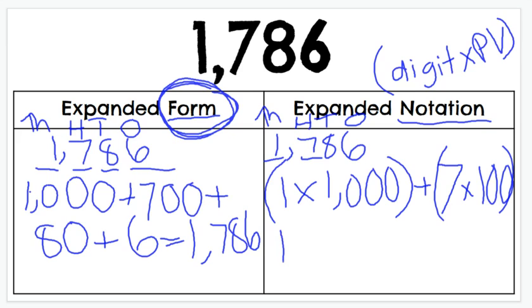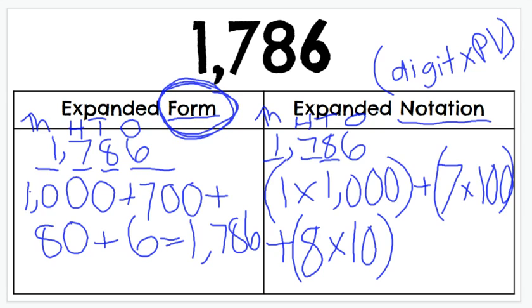Moving on, I need to add the next group, so I'll draw my plus sign. I'm going to go to my next digit, an 8. So I start with my digit, 8, multiply it by the place value. It's in the tens place, so I will multiply it by 10. And then I'll close that into a group of parentheses.